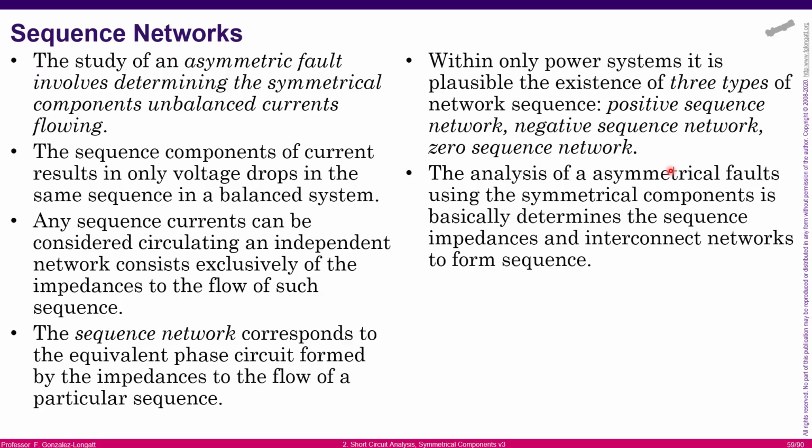If there are several impedances, because there are several components, as a consequence, we will have different networks. To be honest, we have what we call the sequence network. The sequence network corresponds to the use of a single-phase equivalent model for each sequence. Okay.